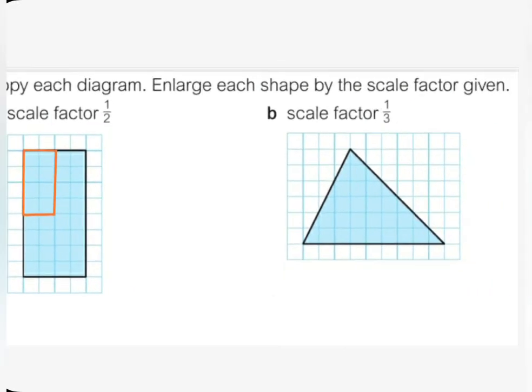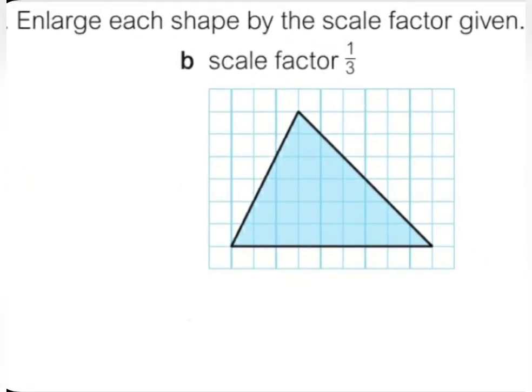Now, let's take a look at B. In B, we have a scale factor of a third, and it's positive. Now, we don't have a center of enlargement, so we can draw the shape wherever we want. But we have to multiply the sides by the scale factor to get the new sides. For example, let's start with this one here.